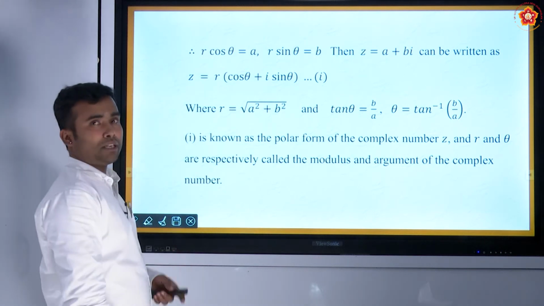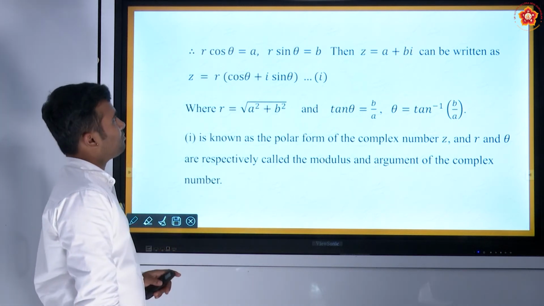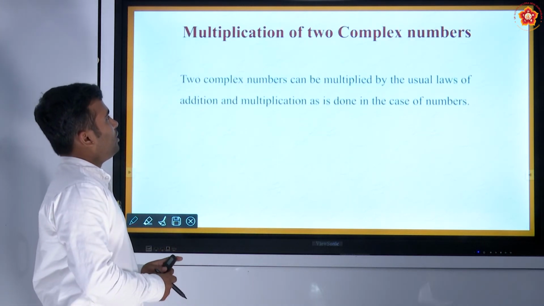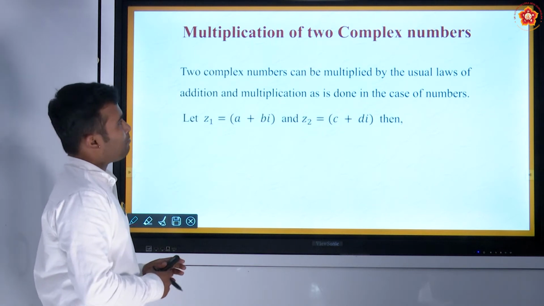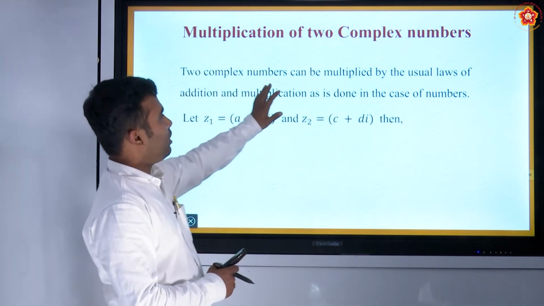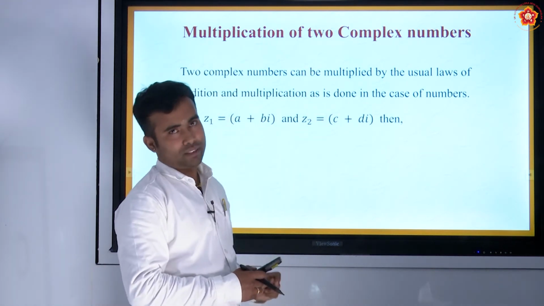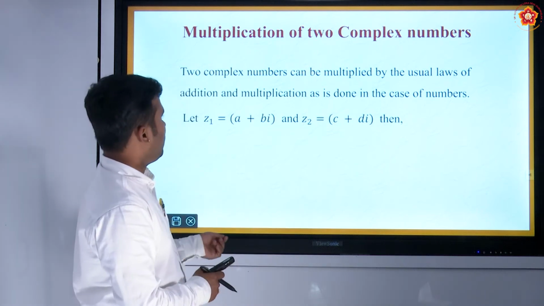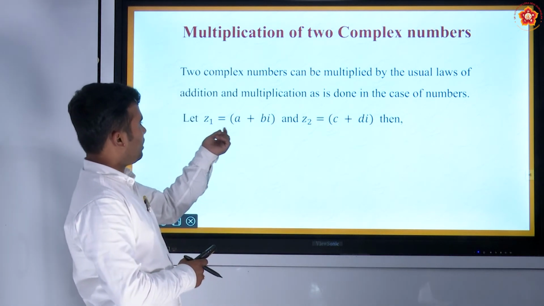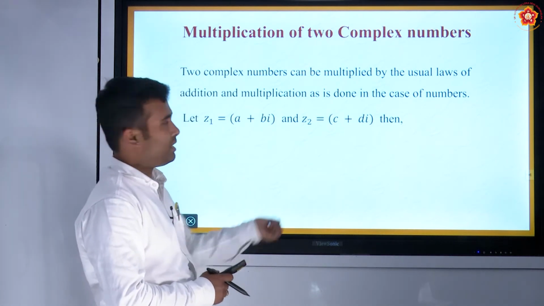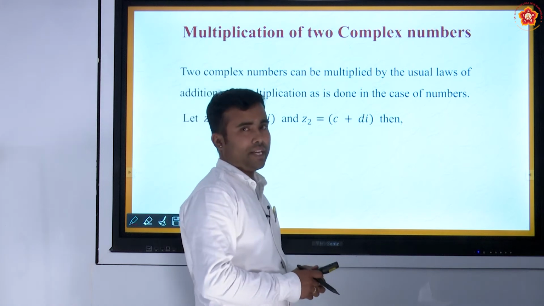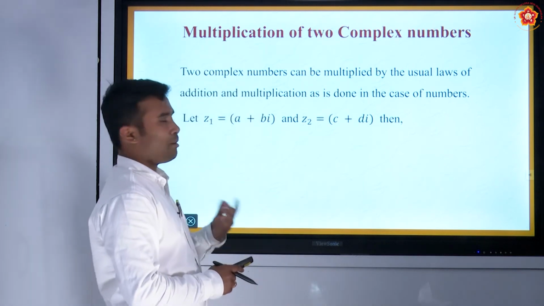Now let us see the multiplication of complex numbers. See, now we are going to multiply two complex numbers, say z1 and z2. Here z1 is a plus bi and z2 is equal to c plus di. So now let us multiply these two.